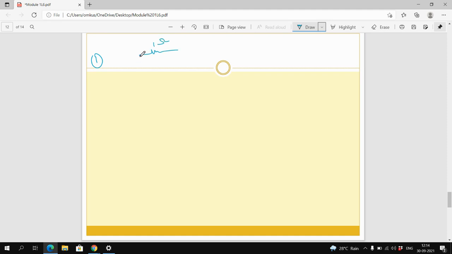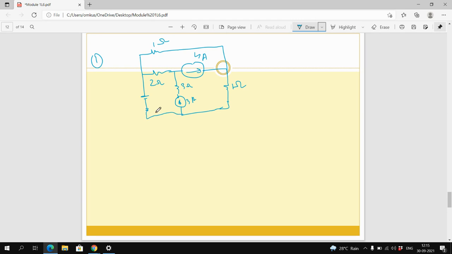Now see, this is a 1 ohm, this is a 2 ohm, this is a 4 ampere current, and this is a 1 ohm, this is a 3 ohm. 3 ampere current source is connected in series with 3 ohm. Now this is a 12 volt voltage source, and 1 ohm resistance is connected here.